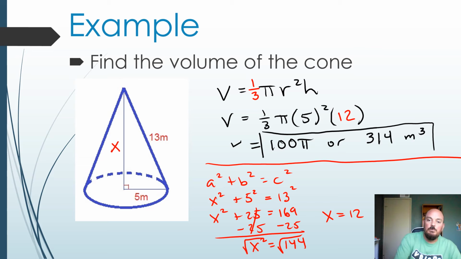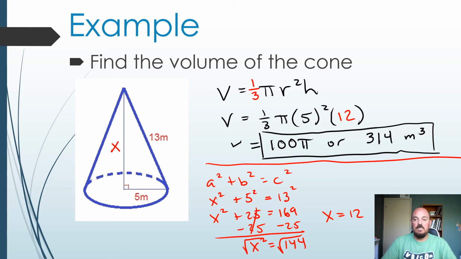So it's either 100 pi or about 314 cubic meters. So that's cone and cylinder. They're very closely related. Just follow the pattern we did yesterday. Prism, pyramid is 1/3 of a prism. Cylinder, cone is 1/3 of a cylinder.